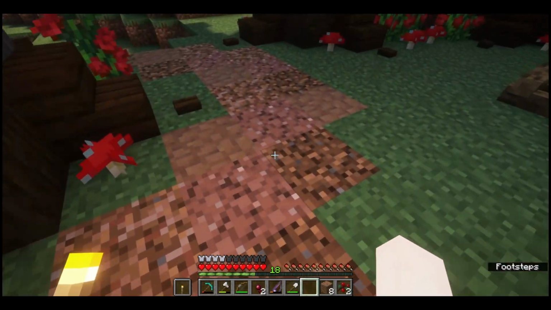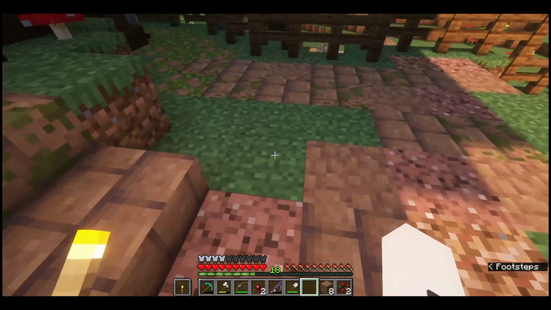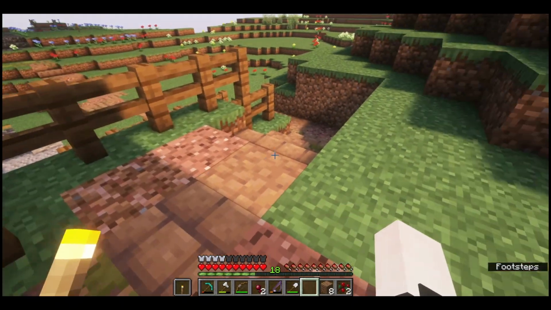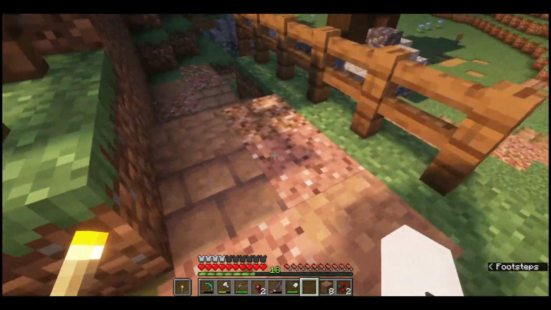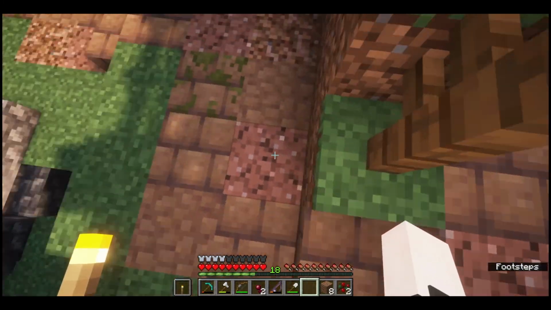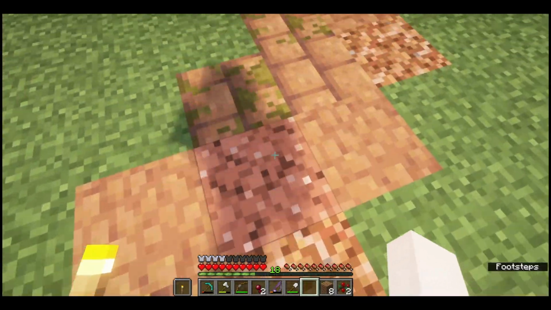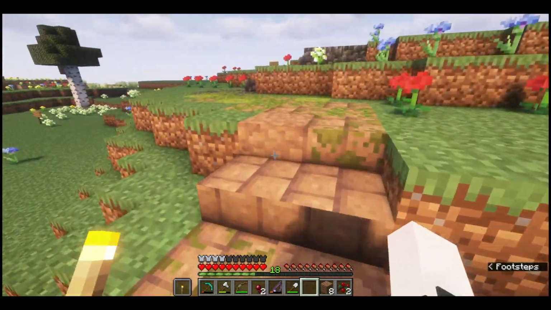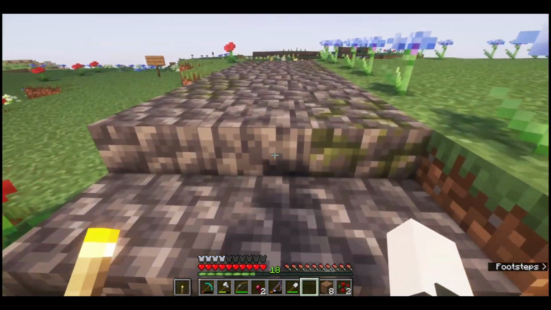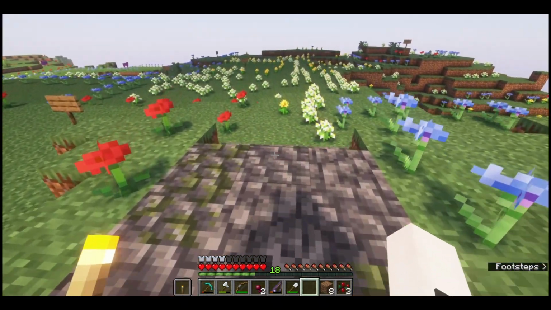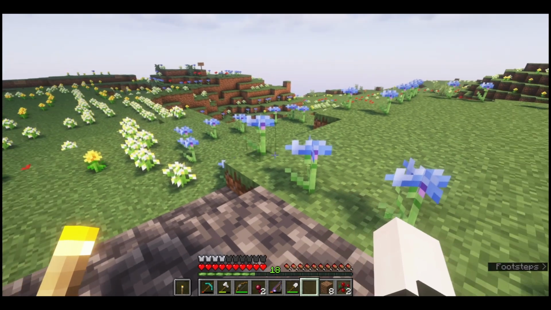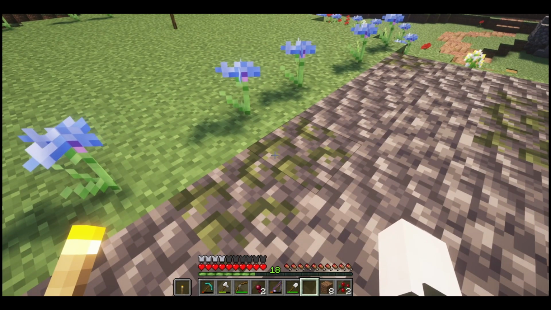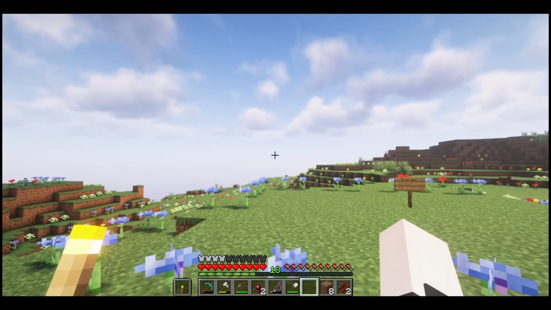So yeah, now you know how I do my paths. It pretty much comes down to making a set of rules for every block, making the first block that you place a placing pattern block, like the packed mud here and the deep slate here, and then going off of that with different placement rules for all the blocks.